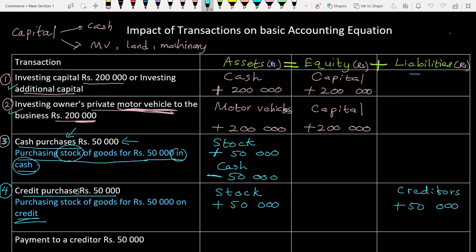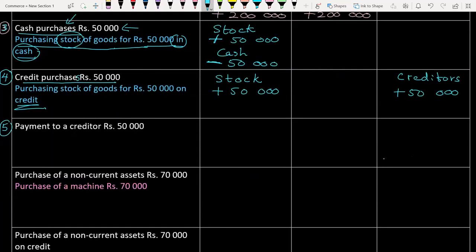Okay, let's move into the fifth transaction. Here it says payment to a creditor. Who are creditors? Actually, business owes to creditors. Now what happens in this case, the business makes a payment to a creditor. Now creditors are liabilities.